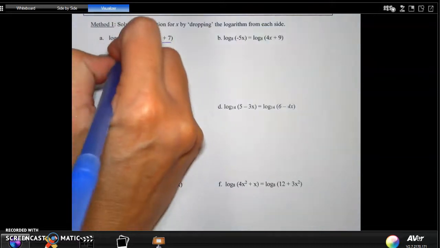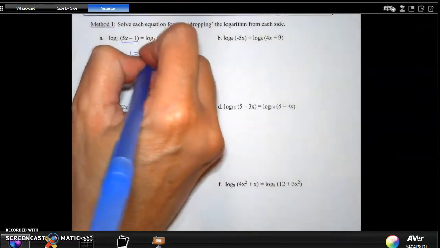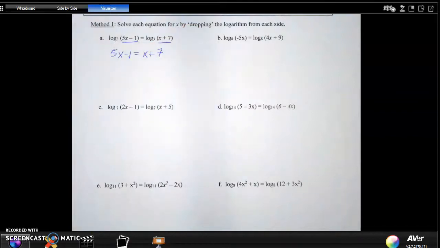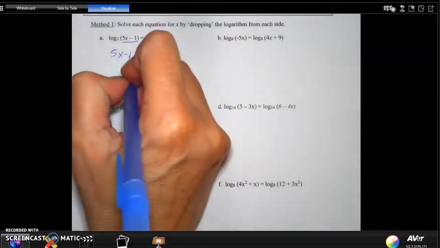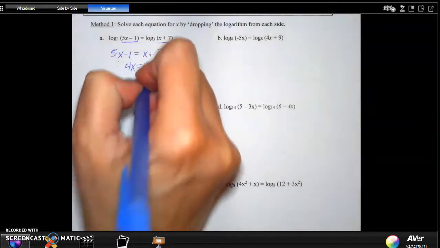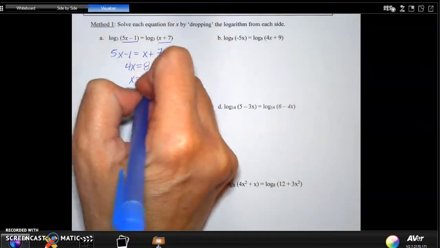So I have 5x minus 1 equals x plus 7. And then from there, you can just go ahead and solve that equation just like you normally would. So I'm going to move my x over here, my 1 over here. That gives me 4x equals 8 and x equals 2.